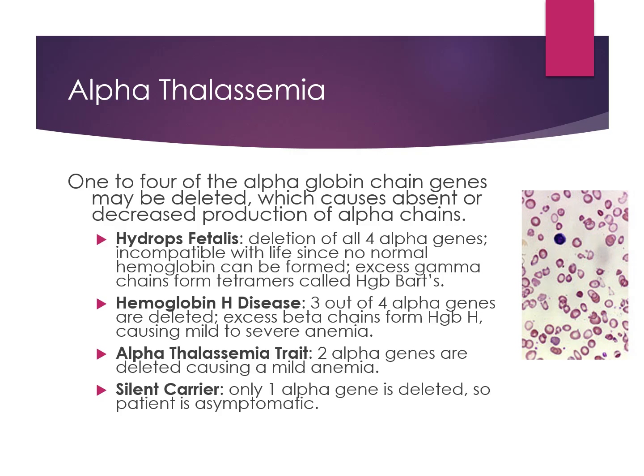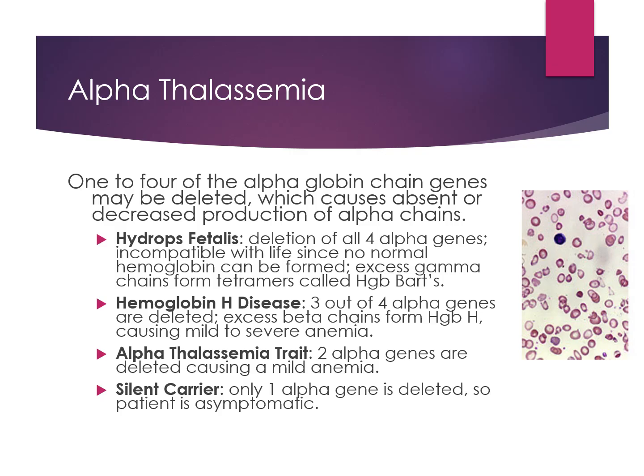There may be an excess in gamma chains that form tetramers. So instead of having two alpha chains and two gamma chains, we will just have tetramers of four gamma chains, and we call that hemoglobin Bart's. You might hear that as well, and that's associated with that hydrops fetalis.